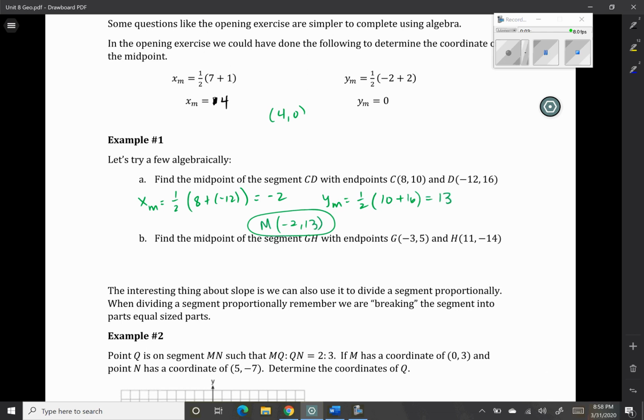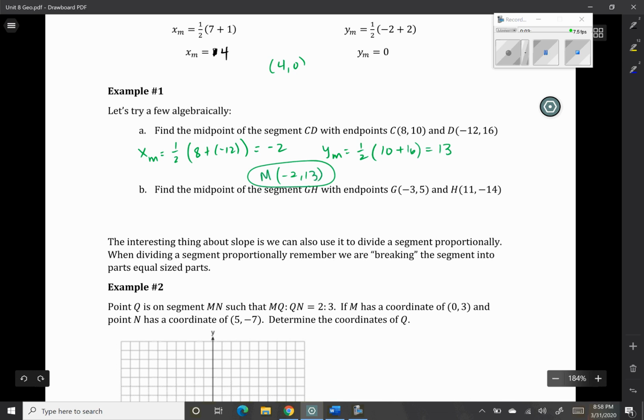All right, pause the video and try B by yourself. All right, so if you tried B by yourself, to find the x-coordinate of the midpoint, you would take half of -3 plus 11, which is going to give you 4.